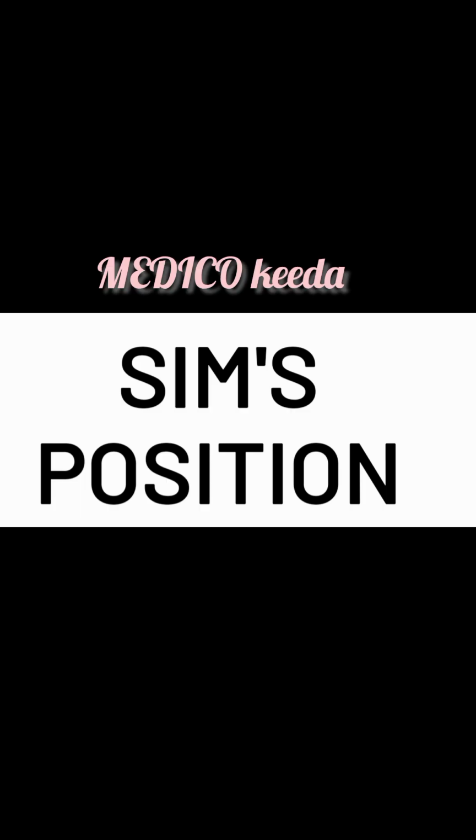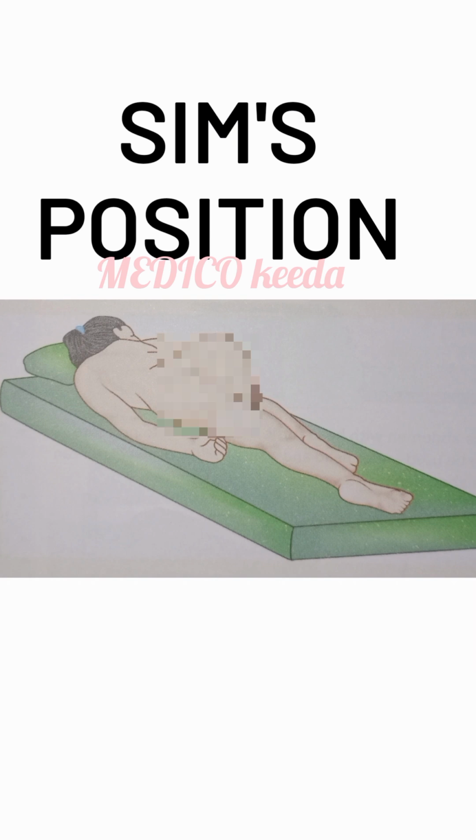Now the next position is the Sims position. In this position, the patient is lying on the left side in a semi-prone position. One arm is located behind the patient and the other is flexed at the shoulder and elbow.